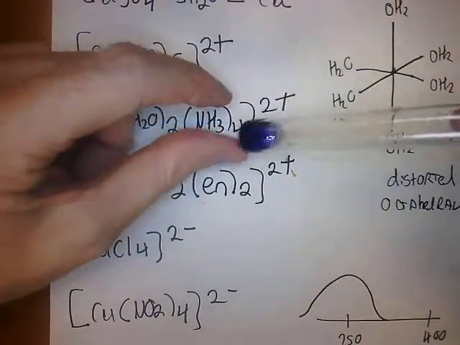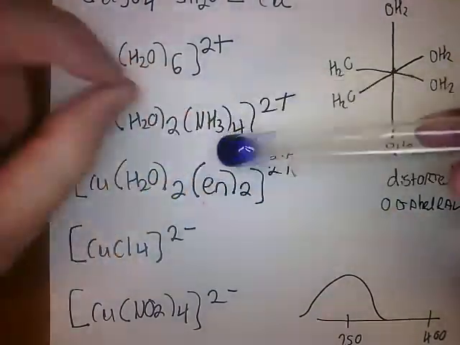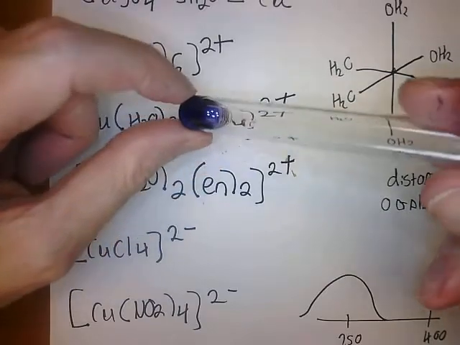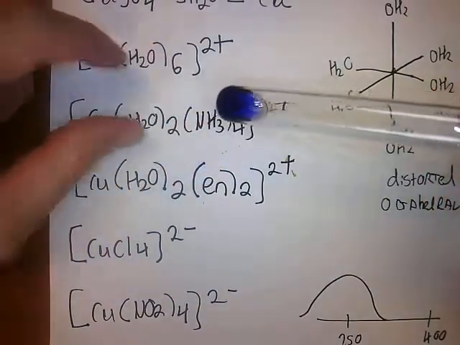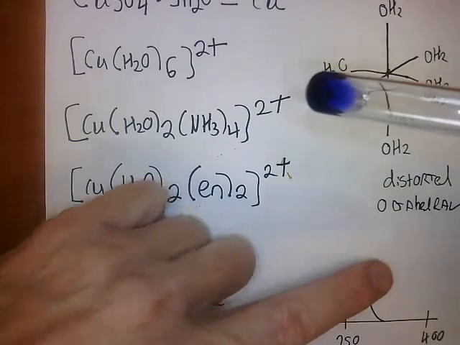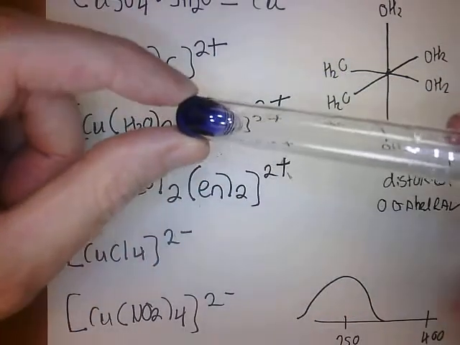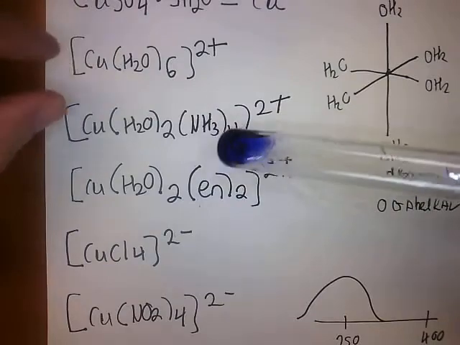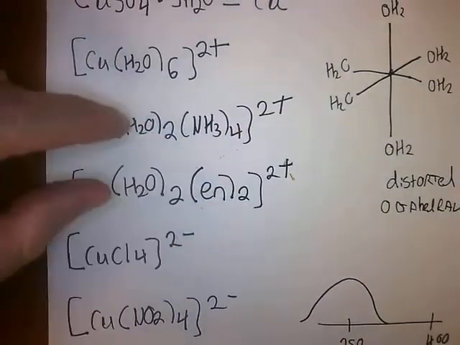It does something similar. The field splitting is even bigger for the ethylene diamine, meaning it's going to shift it down a little bit more. The color is probably more of a violet than a blue.